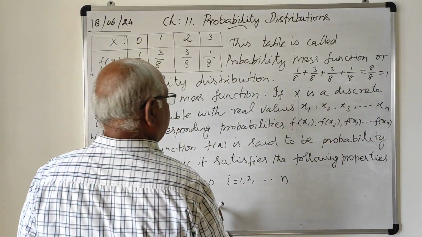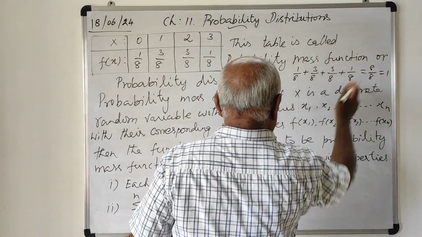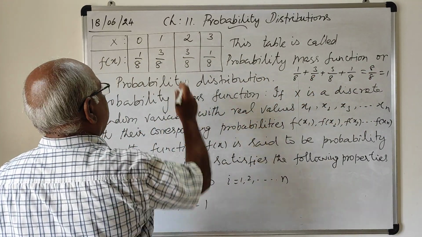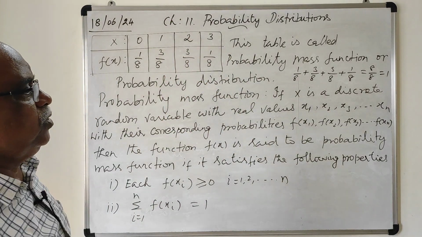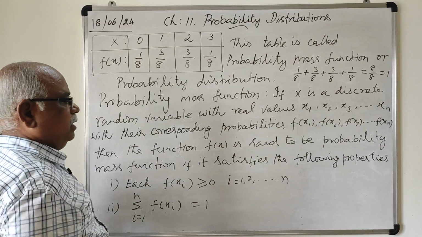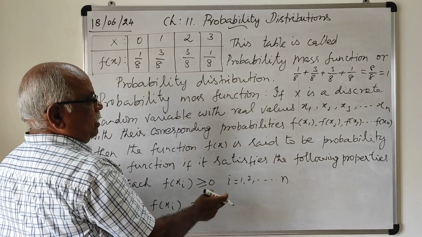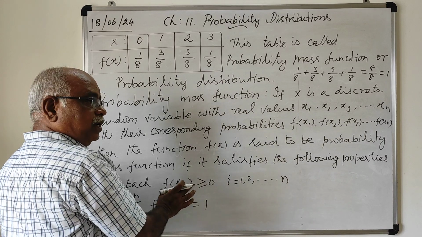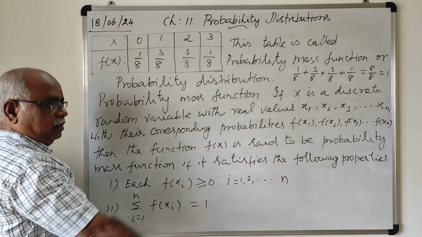The condition is satisfied. Each probability is positive and the sum of all the probabilities is 1. These two conditions are satisfied in this example. Therefore, this table is called probability mass function or probability distribution. This is the example, and this is the definition. A function is said to be probability mass function if each probability is positive and the sum of all the probabilities is equal to 1. Okay?